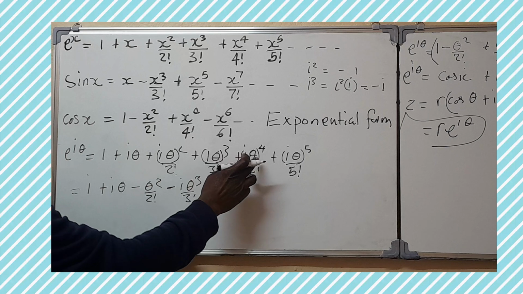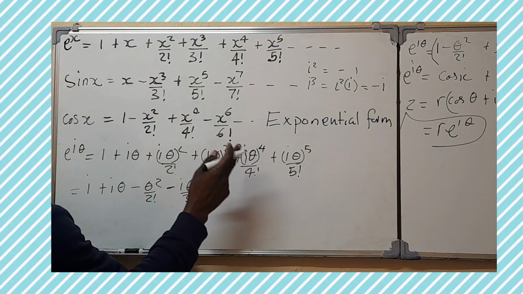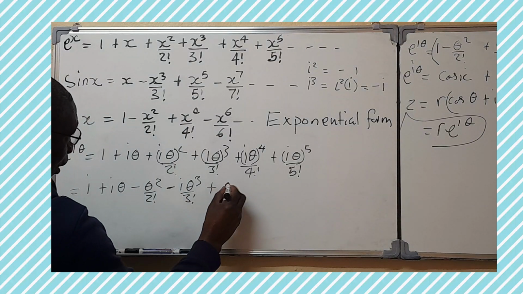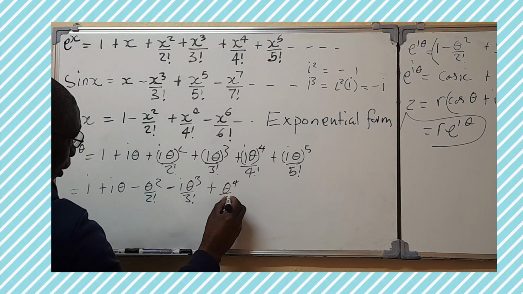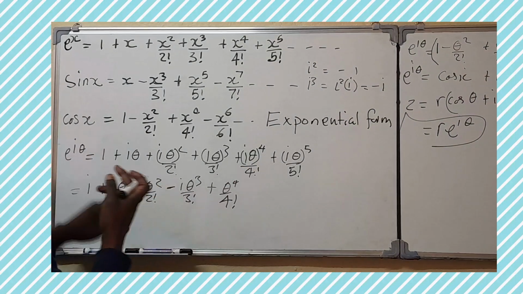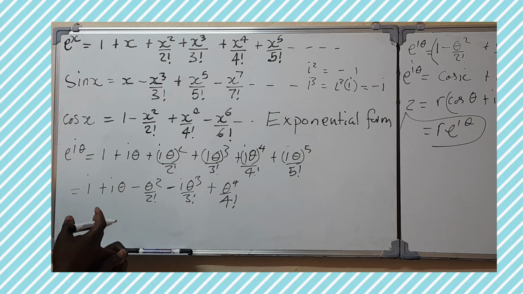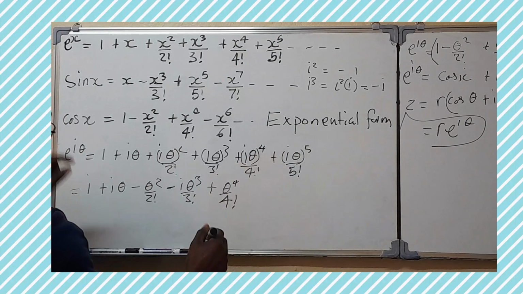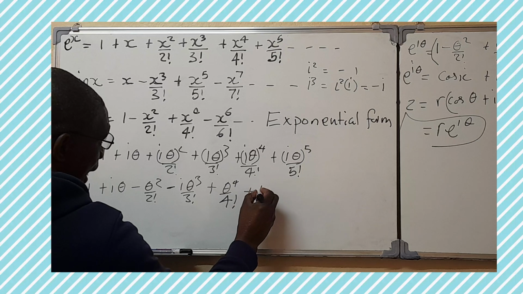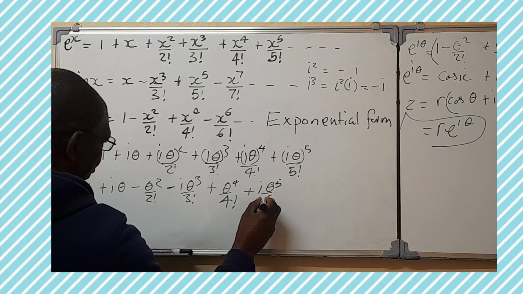What about here? We have an I squared times an I squared, which is minus 1 times minus 1, which is a plus. So here we get a plus theta to the power 4 over 4 factorial. Here we have an I squared times an I squared, which is minus 1 times minus 1, which is a plus 1, times an I when they are raised to the power 5. So it becomes a plus I theta to the power 5 over 5 factorial.